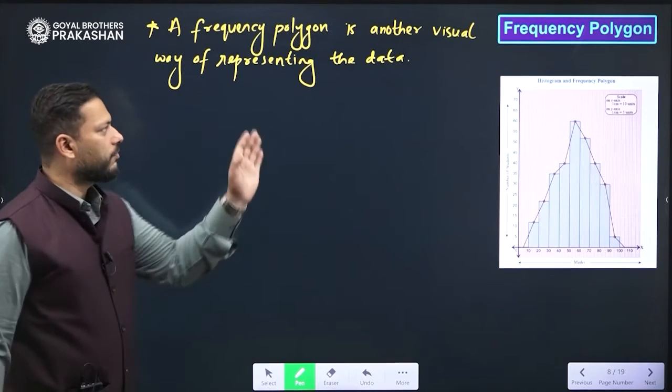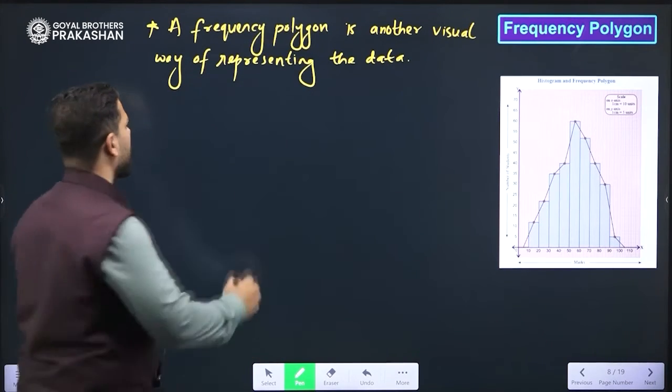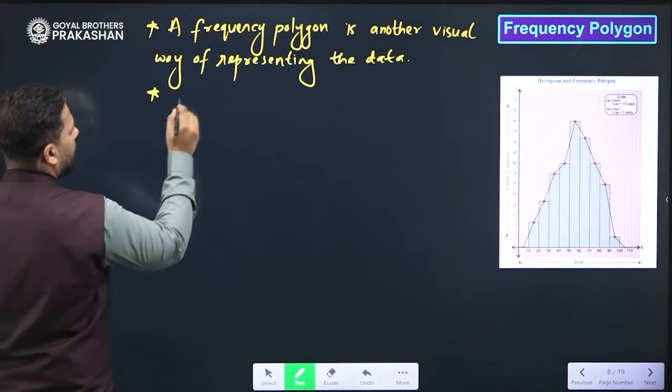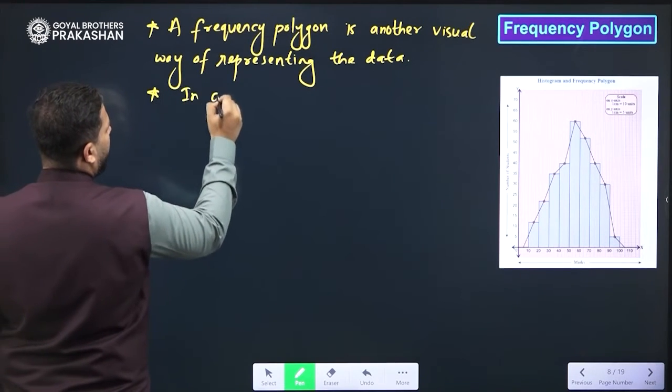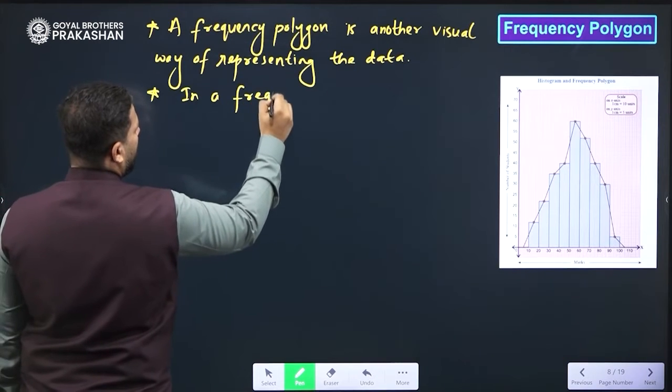It is another visual way of representing data.